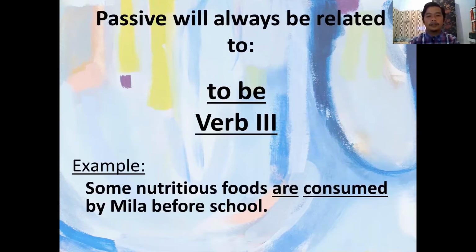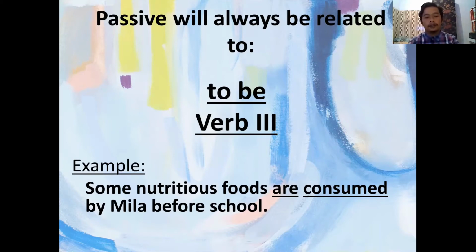Passive voice will always be related to to be and verb 3. Jadi sebuah kalimat itu dapat dikatakan ini passive voice bila terdapat to be dan verb 3.